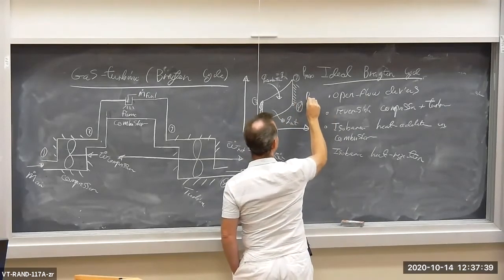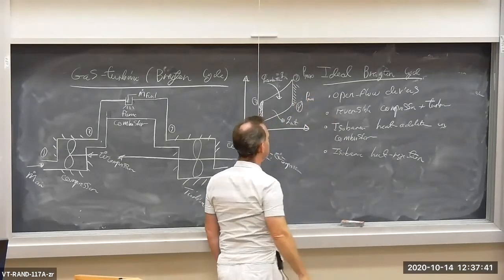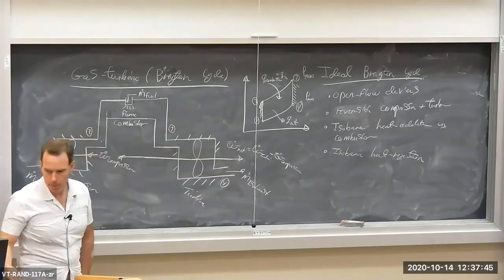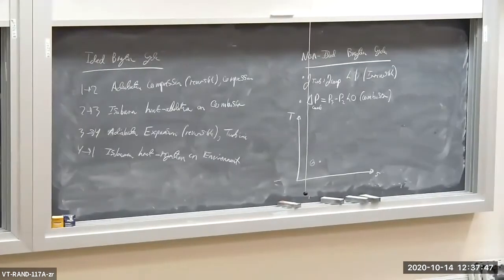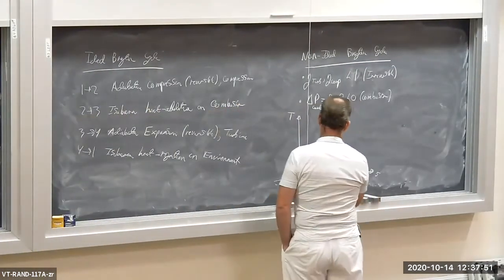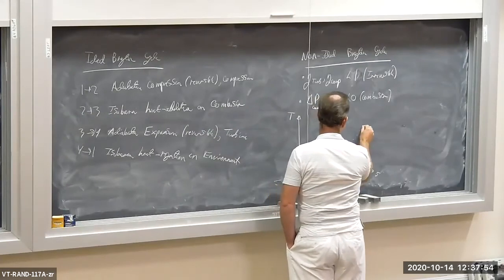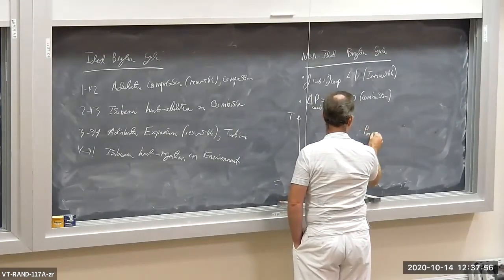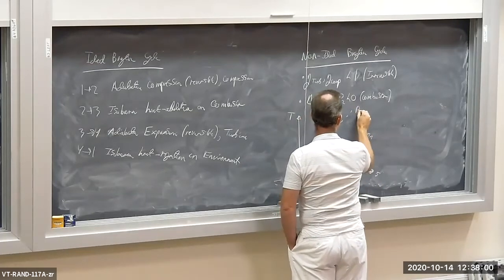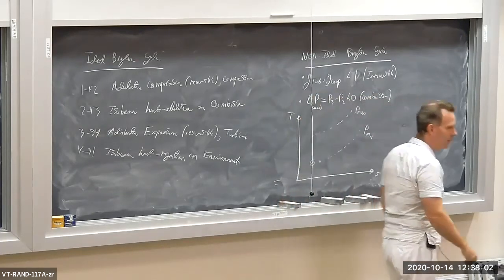Here's our P min isobar. Let me put some of these isobars into our TS diagram. So we have our P min, we have our P max. There's our P max isobar right there.